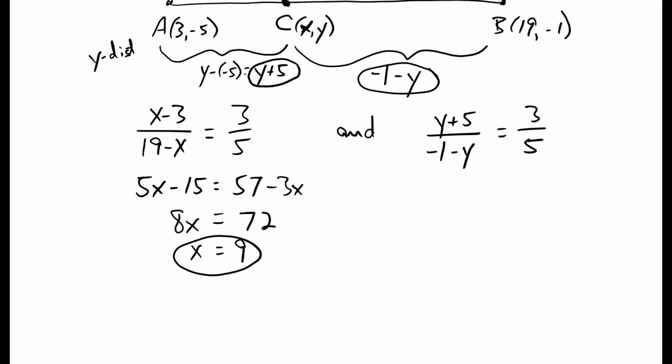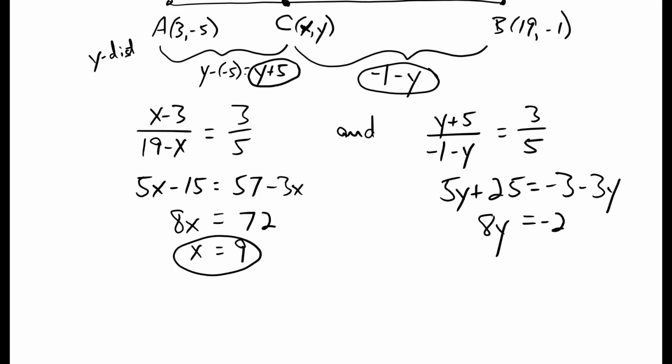Let's cross multiply over here. 5y plus 25 equals -3 minus 3y. And let's see, add 3y to both sides gives me 8y here. Subtract 25 from both sides gives me -28 here.